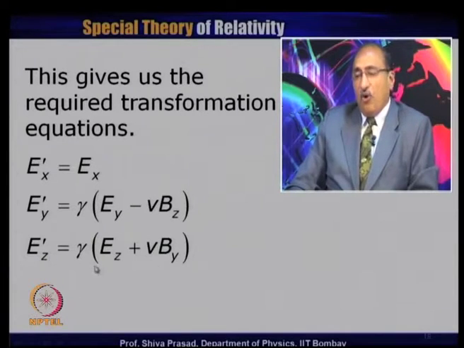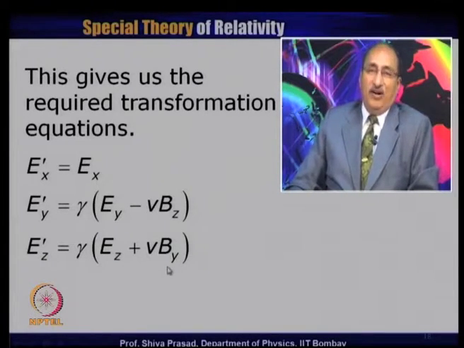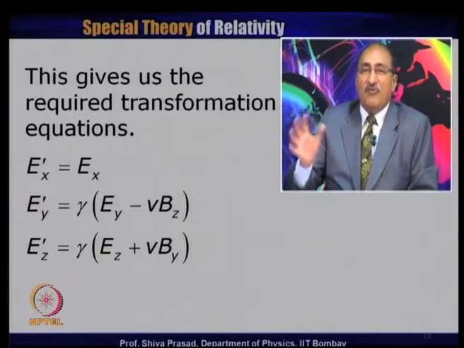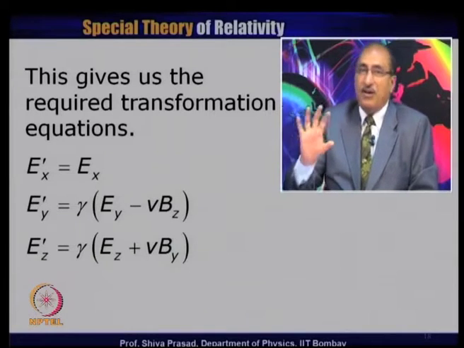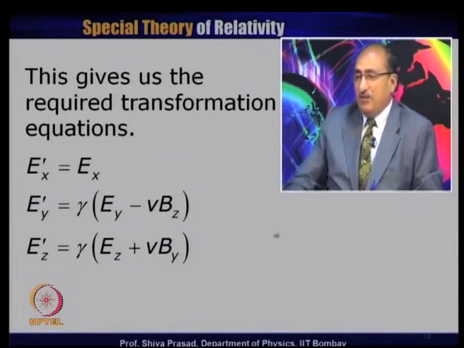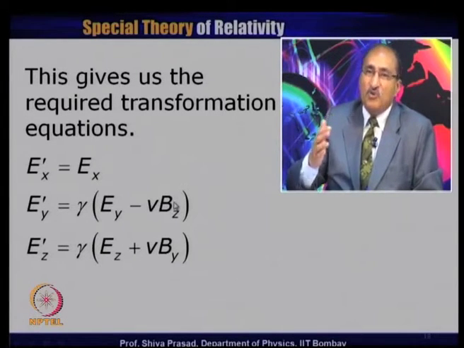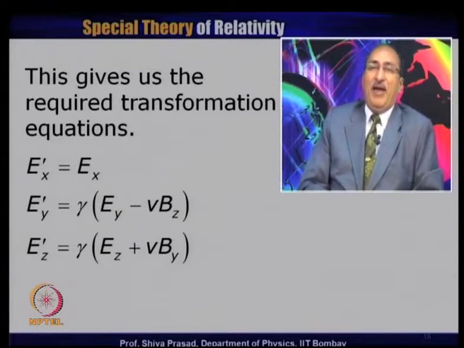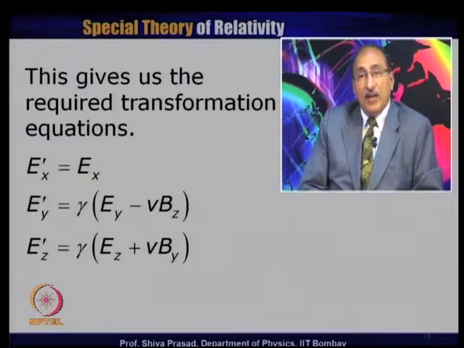Similarly, this electric field also depends not only on the electric field, but also on the magnetic field in the other frame. That is what we meant by saying that in relativity, electric and magnetic fields do not really have a separate context, because this magnetic field is contributing, so to say, to the electric field in a different frame of reference. So, the electric field does depend on the magnetic fields in a different frame.